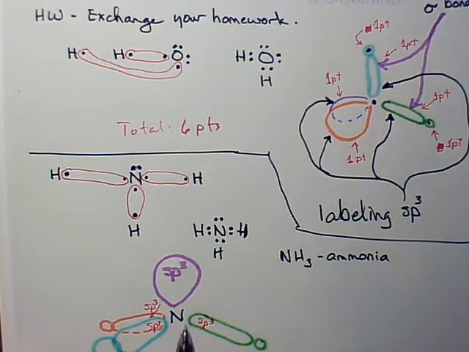And all of the single bonds are sigma bonds. Okay? You got that? Now all of these come from sp3 hybrid orbitals. That first model we did yesterday, we started with an sp3 hybrid. They all come out of that.